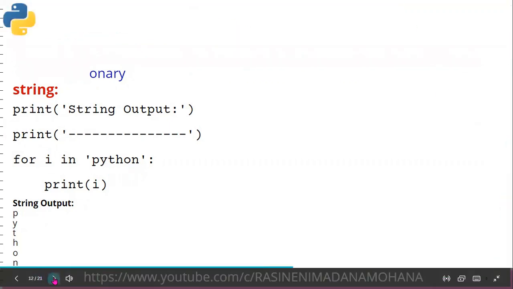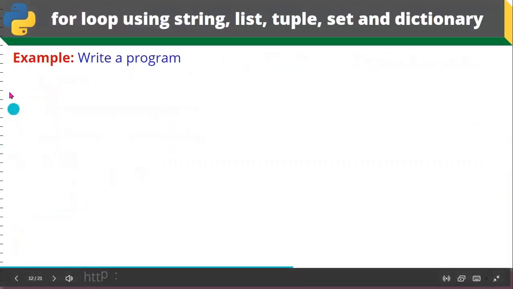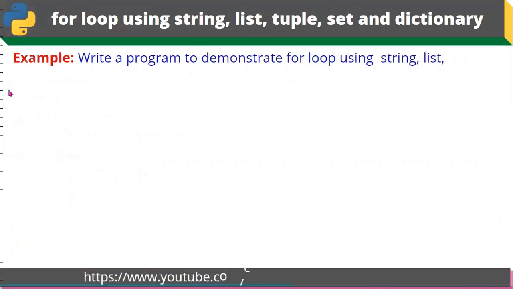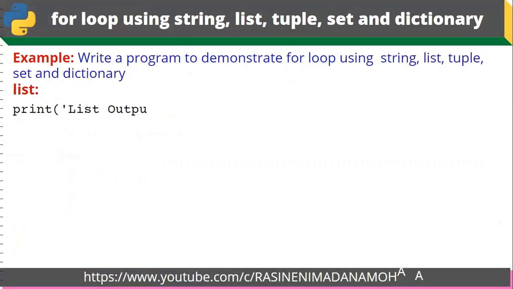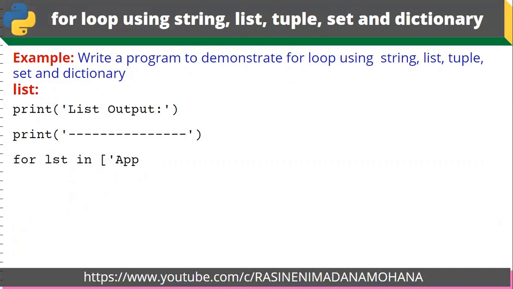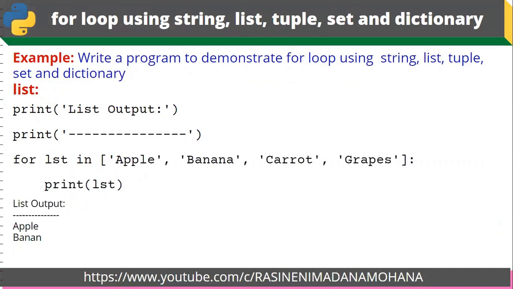Then the next collection that we are having is list. So how to define a list here? The list can be represented within square brackets, followed by string values or numerical values also. For example, here print list output, then for the variable name, for understanding purpose, LST is given.